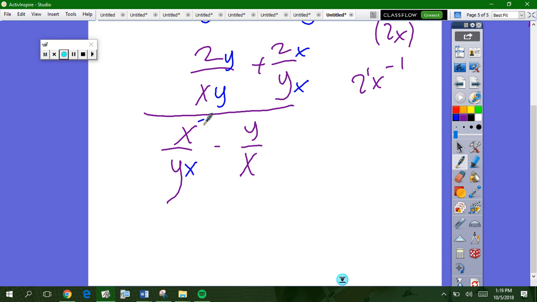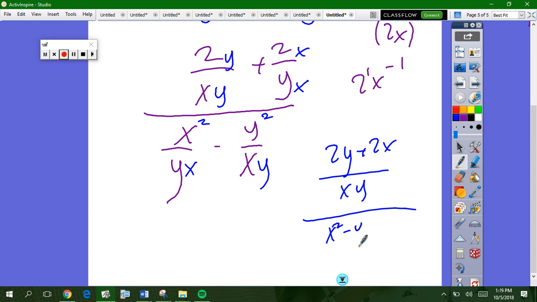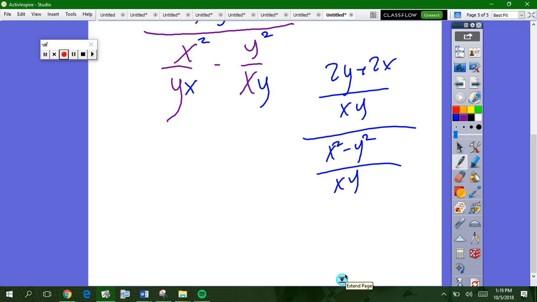X, he wants an x, x squared. What does he want? Y. So really I have my fraction there. If you think about it, it's 2y plus 2x over xy over x squared minus y squared over xy. Does that make sense to everyone?